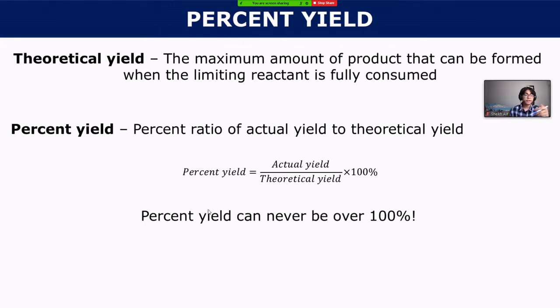So let's say you were expecting to make 100 kilograms of something, but you actually made 87 kilograms of that same thing. So your percent yield is 87%. And percent yield can never be over 100%. 100% is very hard to get, but over 100%, that cannot be true. And if you do get 100% yield, then you probably messed up somewhere.